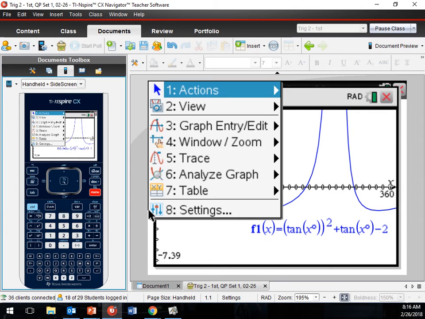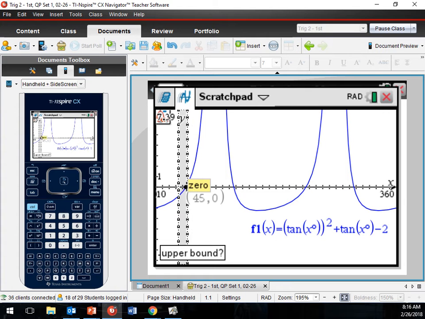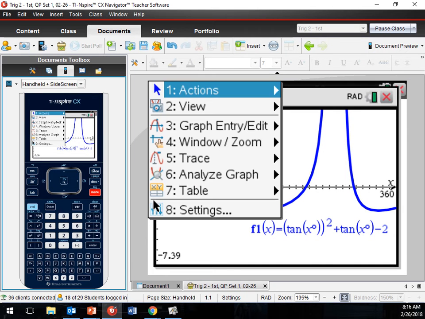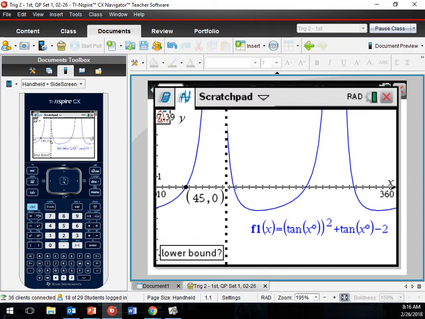Now let's calculate. Menu, analyze graph, 0. Just go to the left of the spot, click, and slide to the right of it.